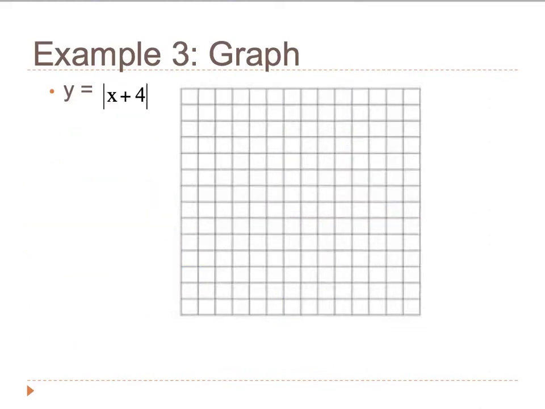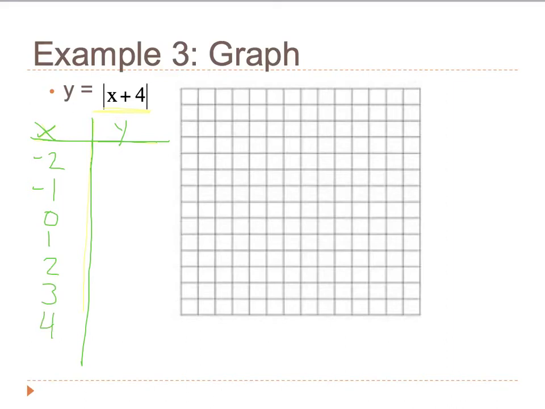Next, this one is okay for all of our x values as well, so I don't have to stay away from anything. So again, I can pick a few negative, -2, -1, 0, 1, 2, 3, 4, and we'll see what happens.